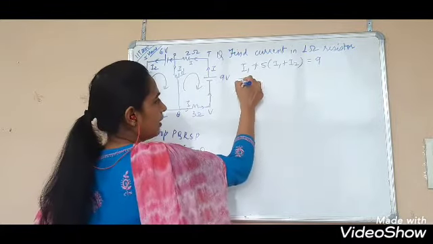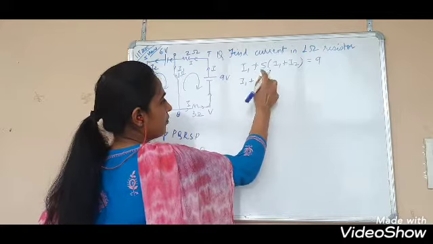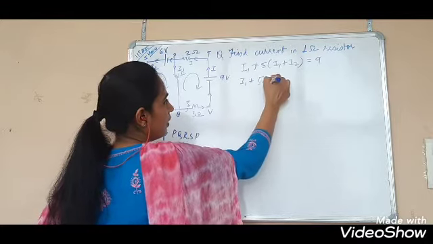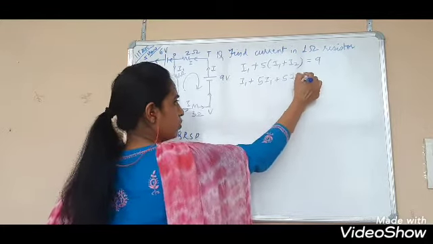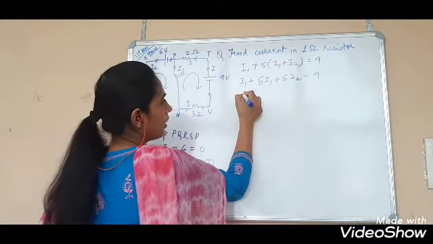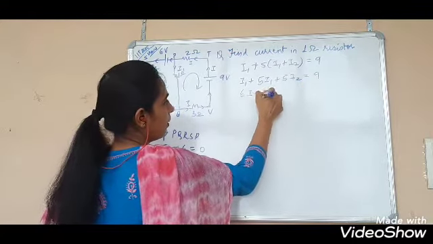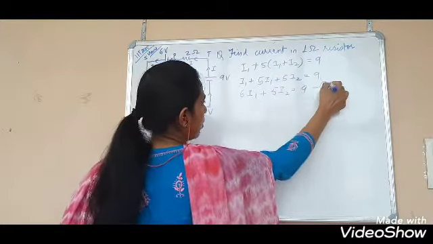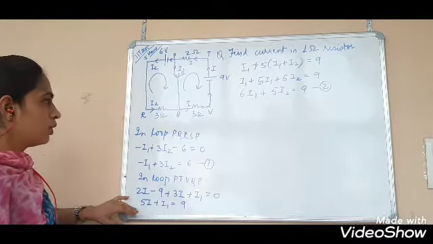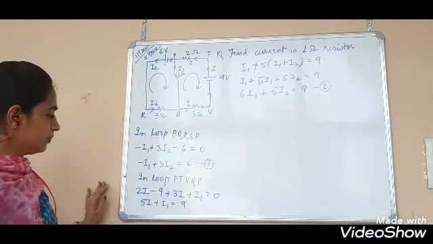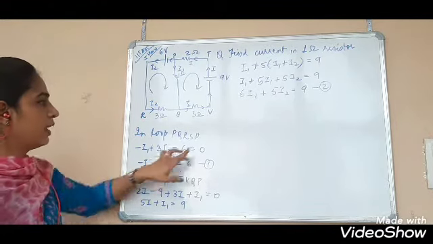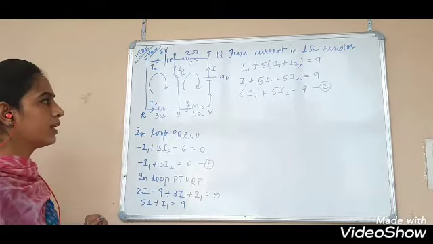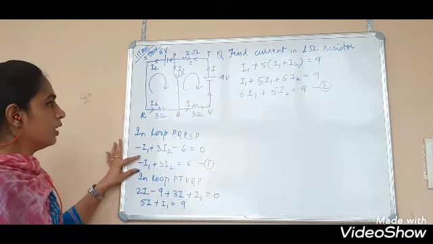So we can get I1 plus 5 I1 plus 5 I2 equals to 9, or you can write 6 I1 plus 5 I2 equals to 9. This is your equation 2. Now you have I1, I2 in 1 and 2, solving them simultaneously.